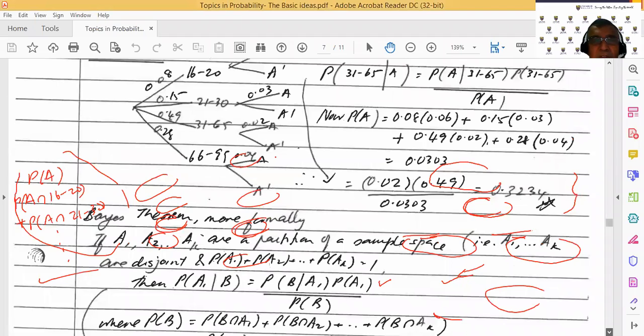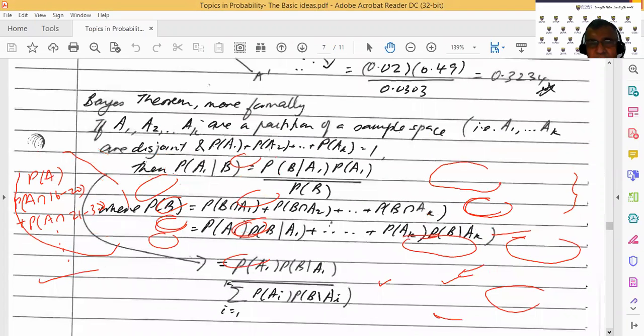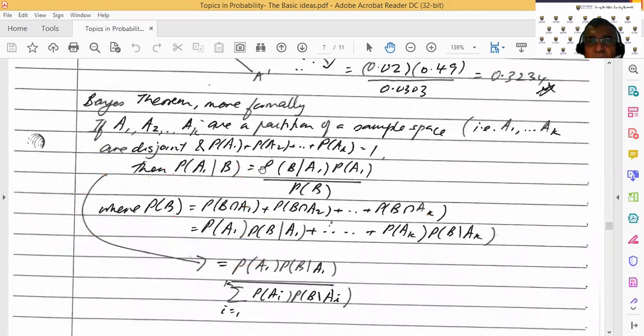Now, I have given you a formal definition of Bayes theorem. You can actually look at it. Nothing to write home about, in the sense that this is the formal definition of Bayes theorem, right? More formally, I have to talk about A1, A2 up to AK, a partition of a sample space.